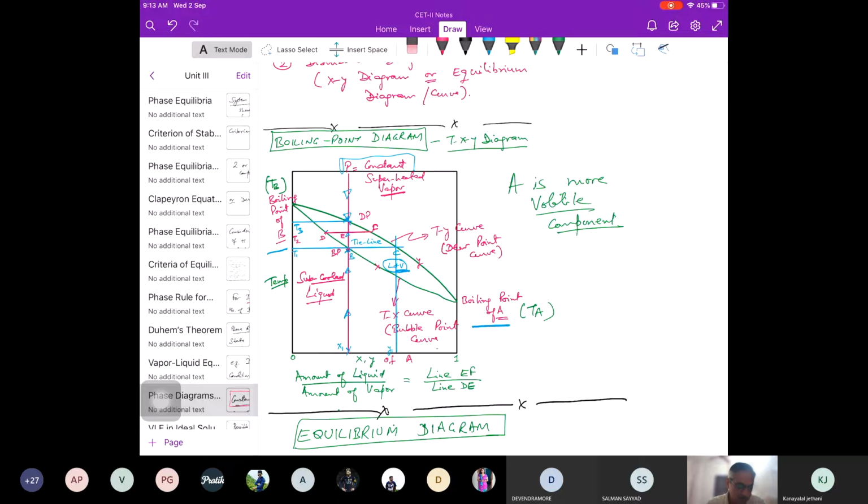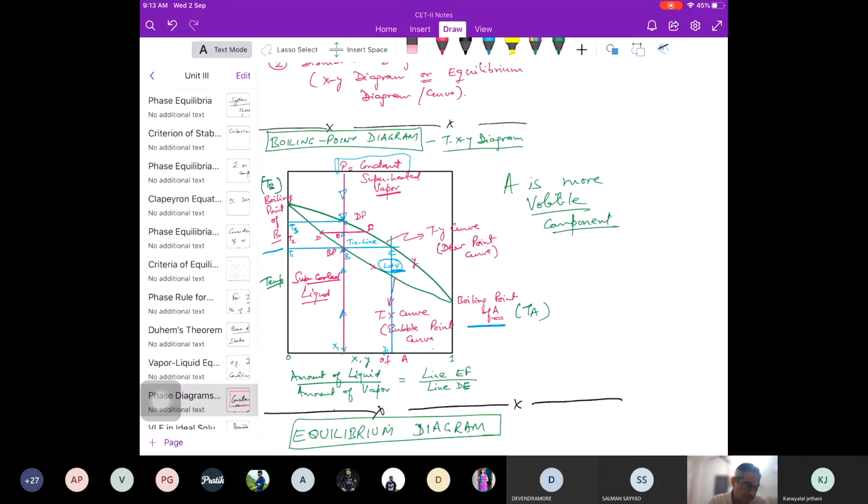And if you see this, temperature of A is lower than temperature of B, boiling point, right? When you say mole fraction of A is 1, that means it is pure A और उसका boiling point कम है.